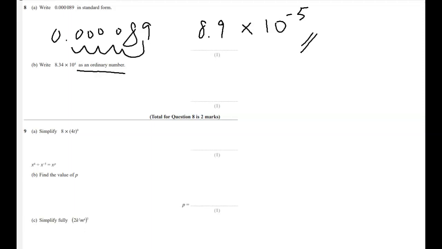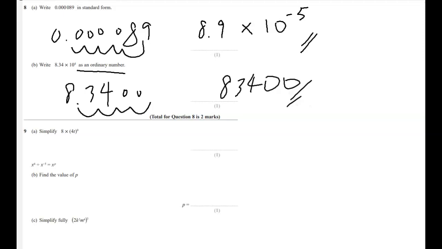So what I would expect a student to do is to move the decimal 1, 2, 3, 4, adding the 0 here, and essentially the answer in original or ordinary number would now become 83400, and that's it.